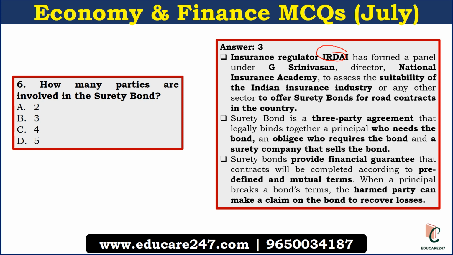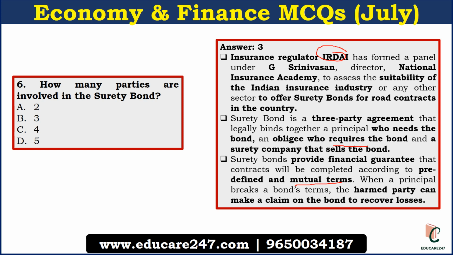Basically, surety bond is a three-party agreement, and it legally binds together a principal who needs the bond, an obligee who requires the bond, and surety company that sells the bond. So basically, surety bonds provide financial guarantee that contracts will be completed according to predefined and mutual terms. When the principal breaks the bond terms, the harmed party can make a claim on the bond to recover losses.